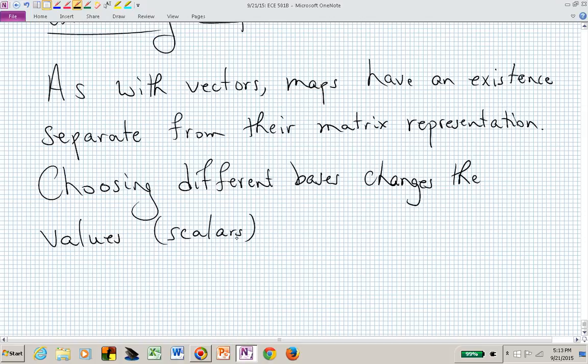or the scalars in the matrix, and now think of the difference between A, capital A, and capital A bar in the matrix.